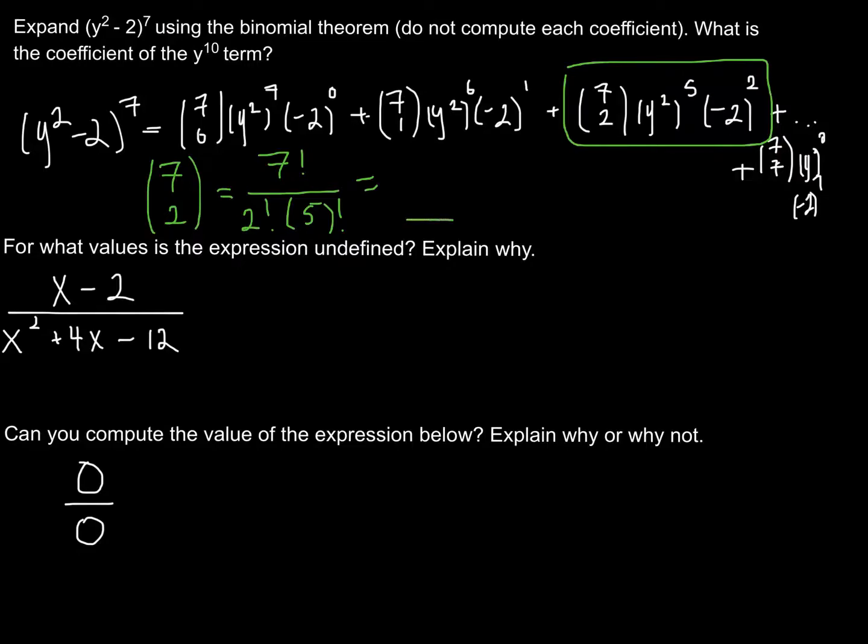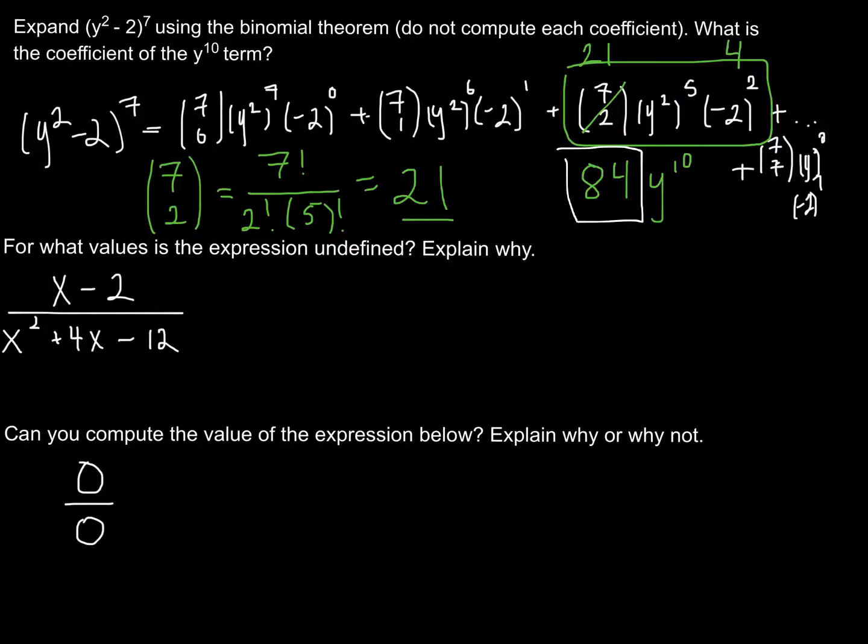So actually, let's go ahead and figure this out right now. So that's going to be 21. And then negative 2 squared, well, that's going to be 4. And so I'm going to have 21 times 4. So this is going to be 4 times 20 is 80, 4 times 1 is 4. So this is going to be 84 y to the 10th. And so the coefficient that I'm looking for is going to be 84.